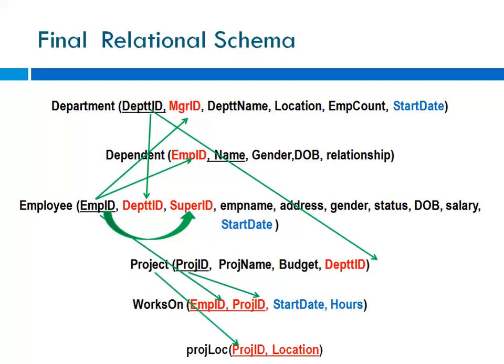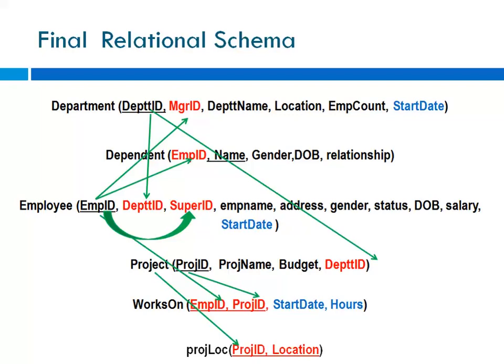From the project table, the project ID is given in project location, and location, which was the multi-valued attribute, is removed from the project table and added to project location. Project ID and location define the composite primary key for the project location table.